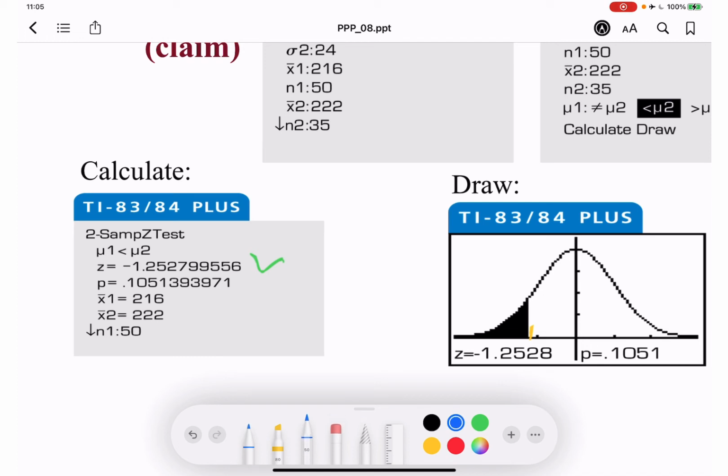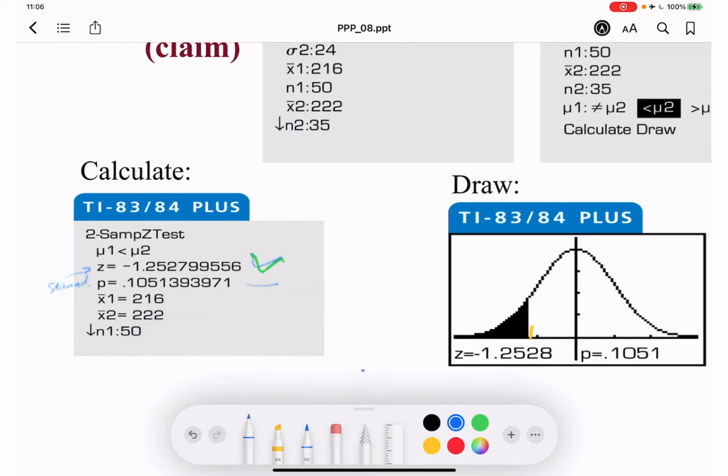So this is our standardized test statistic, z, equal to negative 1.25. The P-value is given.